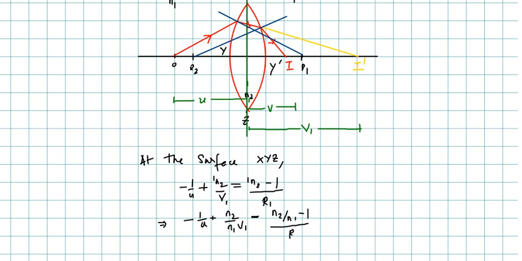Finally we can write this as minus n1 by u plus n2 by v1 equals n2 minus n1 by R1. On simplification we can write this. So this is our equation 1.